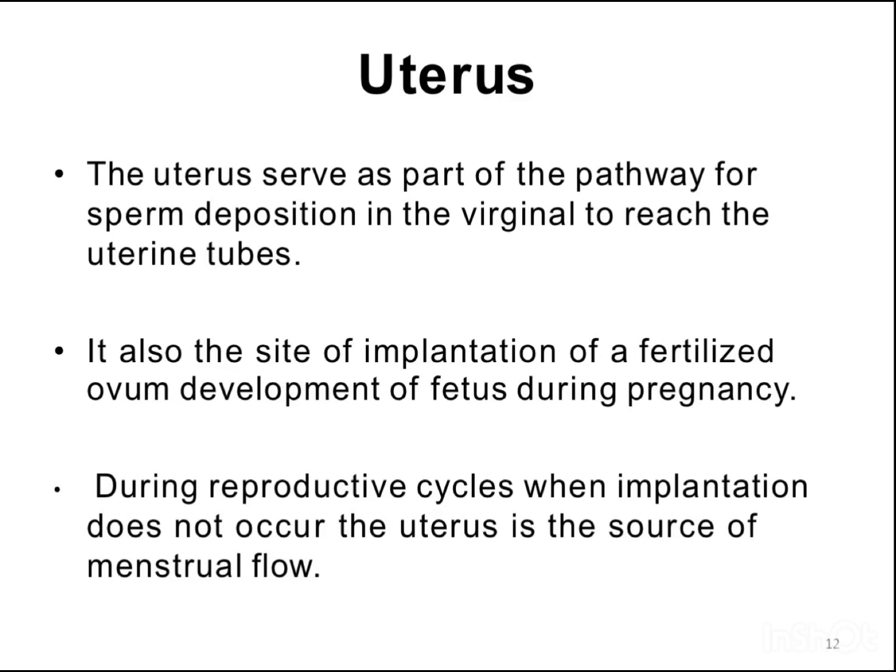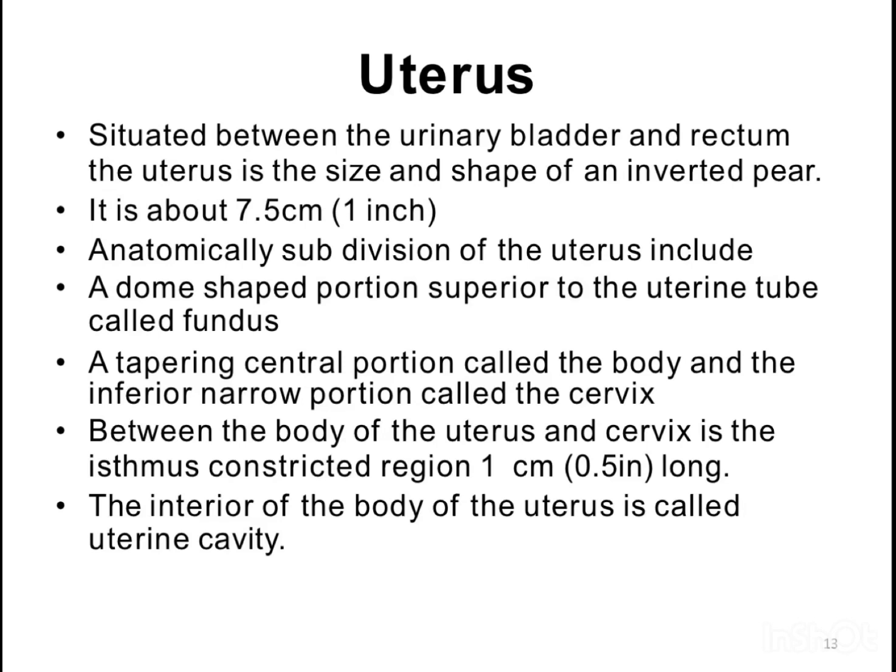The uterus serves as part of the pathway for sperm deposited in the vagina to reach the uterine tubes. It is also the site of implantation of a fertilized ovum and development of the fetus during pregnancy. During reproductive cycles, when implantation does not occur, the uterus is the source of menstrual flow. The uterus is situated between the urinary bladder and rectum.